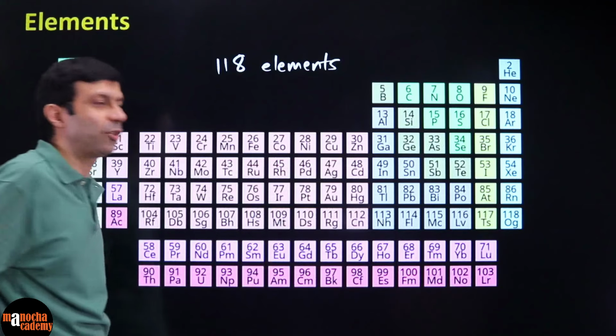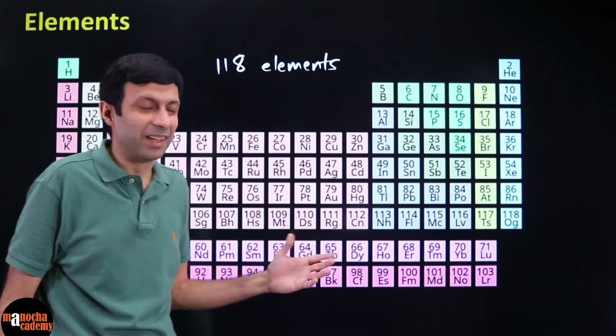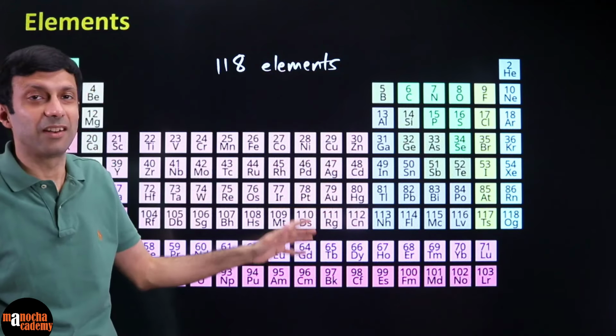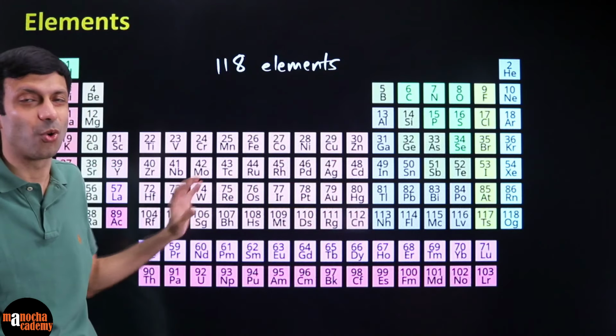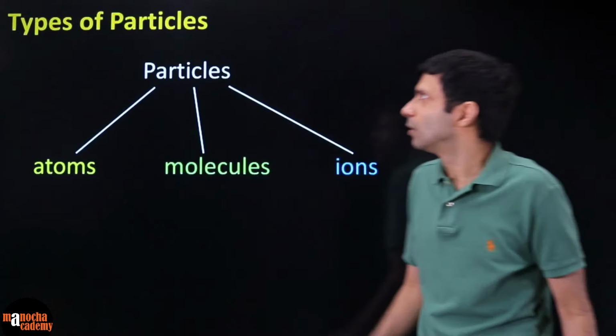And what is this picture that you are seeing here? This is called the periodic table. This is the periodic table of elements, which are classified into periods, which are rows, and groups, which are columns. Again, you'll study all about this in chemistry.